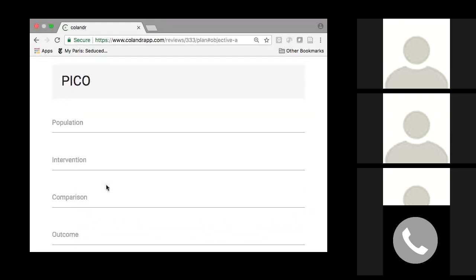Okay. So I wanted to have you guys identify at least the beginning of your PICO elements, because that will be really useful as you start developing your search terms. So as you think about what goes into your population, intervention, comparator, and outcome, those will be really helpful for when you think about what types of terminology, what types of keywords you're going to use, and in what combination to search for information in these sources.